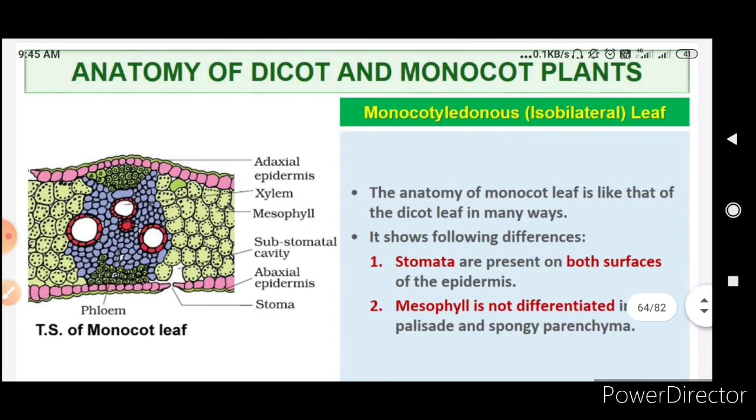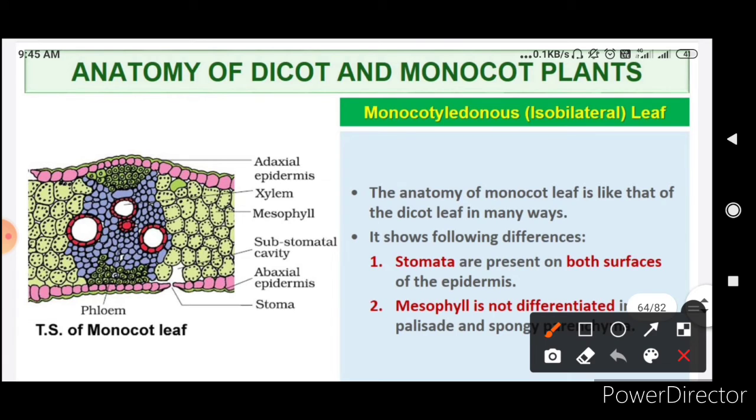Now we come to the monocot leaf. The monocot leaf is generally like the dicot leaf in many ways, but the differences are that stomata are present on both surfaces. You can see the stomata here and here, on both the adaxial and the abaxial epidermis.